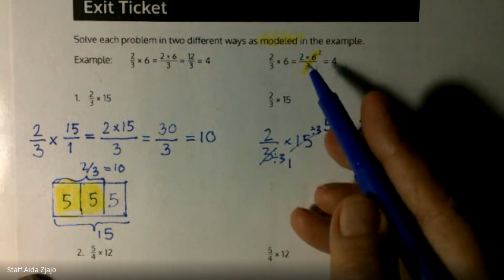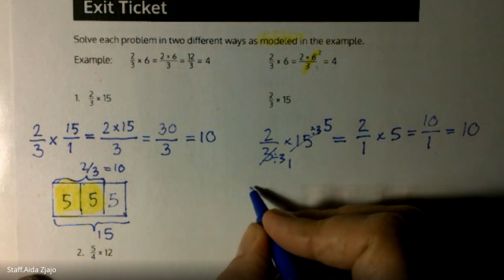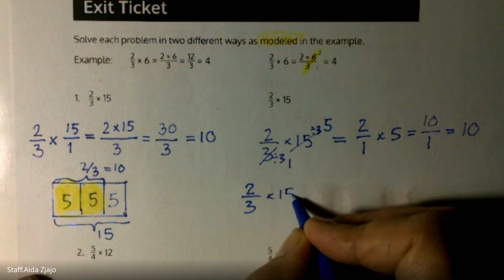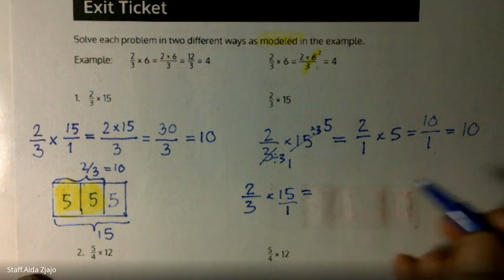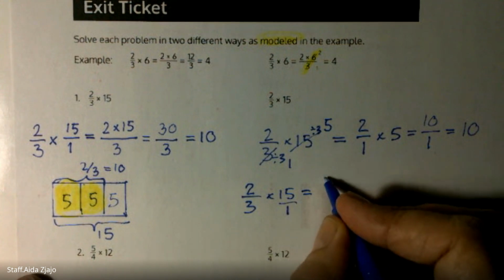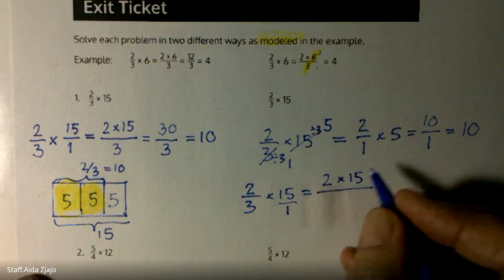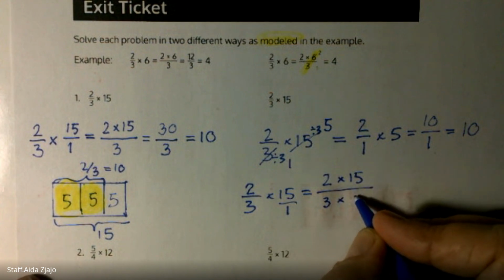But if we follow their way, it's going to be the same. 2/3 times 15 equals, well, thinking about this 15 as a fraction, 2 times 15 and 3 times 1.